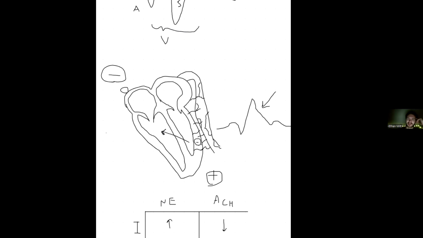There's an overall negative electrical charge being built up, because there's no electrical gradient being maintained within those cells.